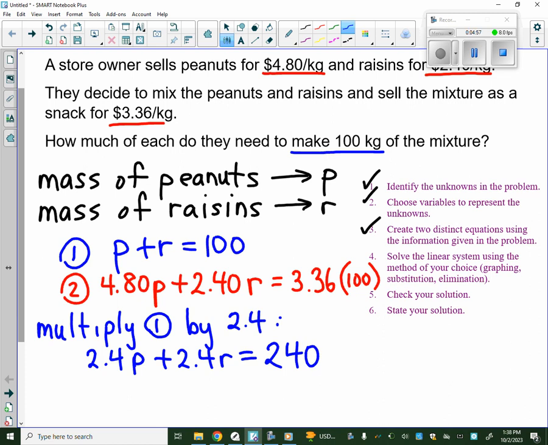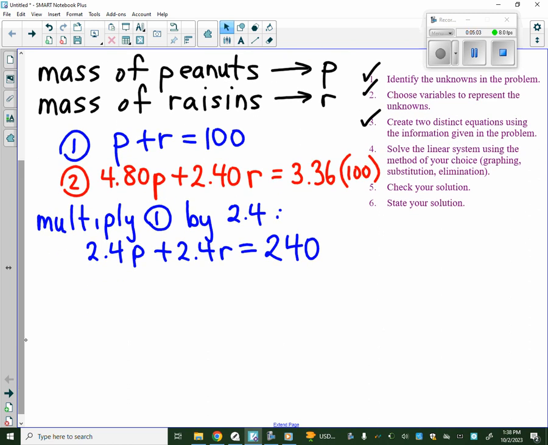Equation number two, I'm going to keep just as it is. I'm not going to change it at all.